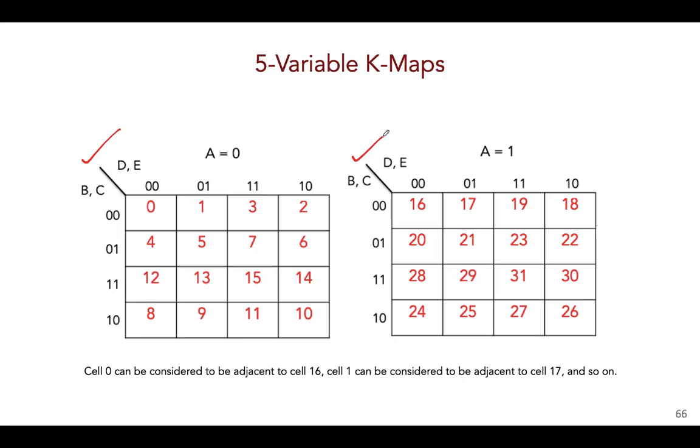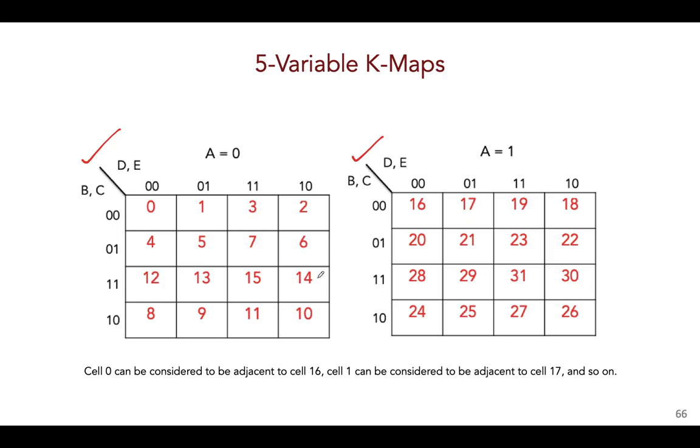We will go on to discuss 2 more ways in which we can represent 5 variable K-maps, but we're starting with this one. For a is equal to 0, we have this type of K-map, and the numbering of the cells, you'll recall from your typical 4 variable K-map, goes like 0, 1, 2, 3, 4, 5, 6, 7, then you skip this row, start the numbering from here, and then you come back to this row.